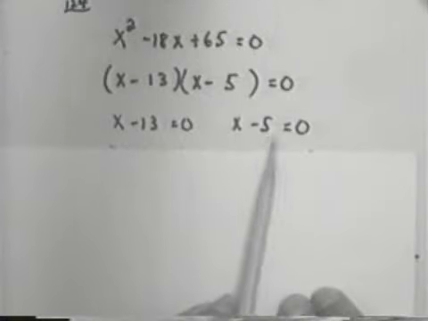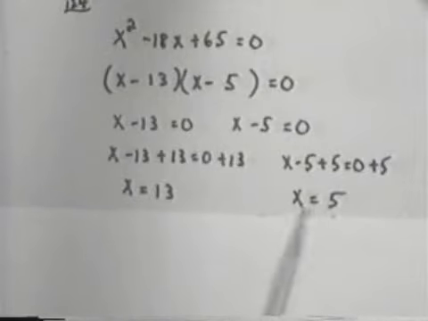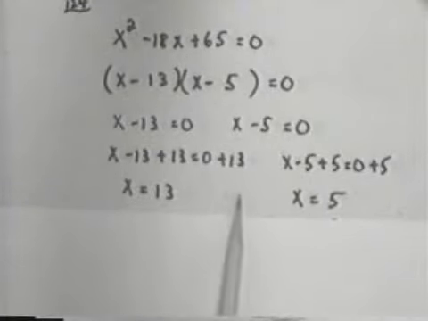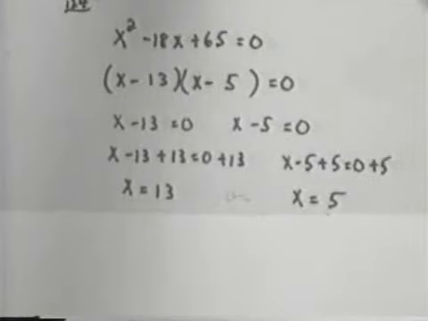If I have x minus 5 is equal to 0, I add a positive 5 to both sides to get x is 5. So I get x is 13 or x is 5. So I get two possible solutions. Both of them must be checked.